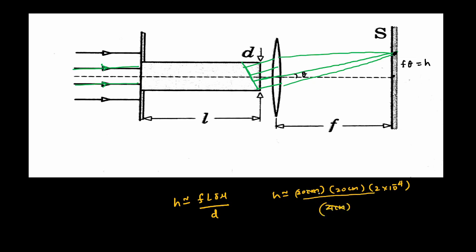So we get this as 5, so this is 100 centimeters. So basically it is 2 into 10 power minus 4 meters you will get. So that's our required solution.